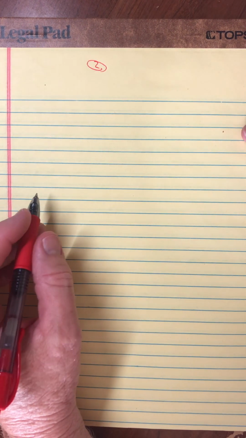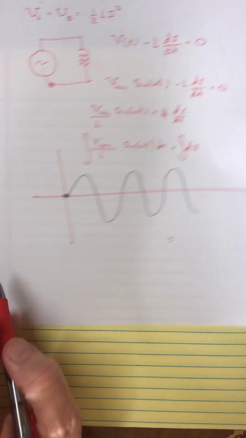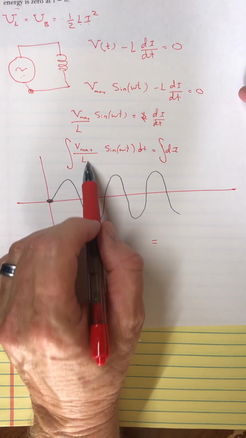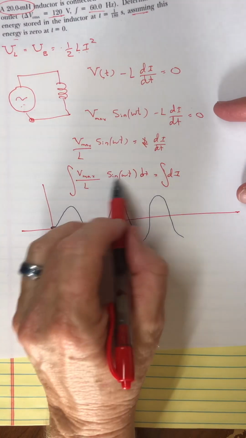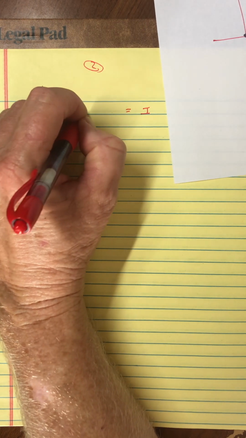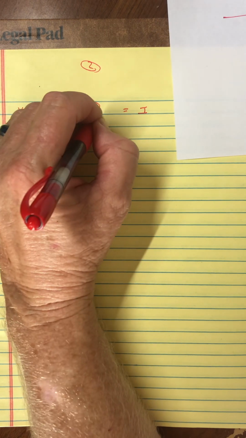The idea being that over here on the right side, I have the current I, and over here on the left side, I have the maximum voltage over L. And then when I integrate a sine, I get a negative cosine omega t over omega.